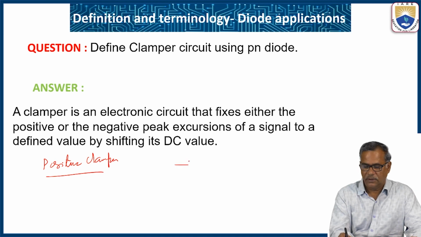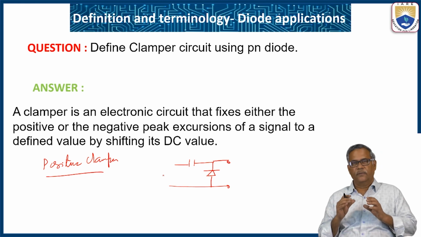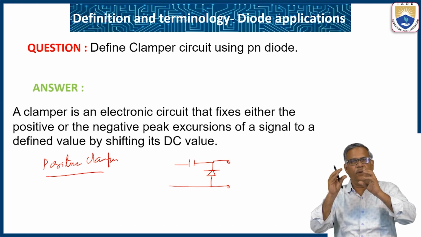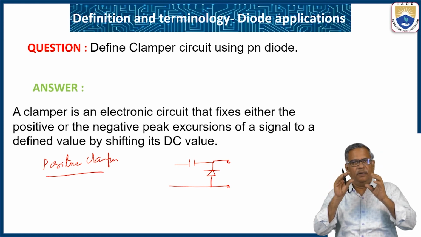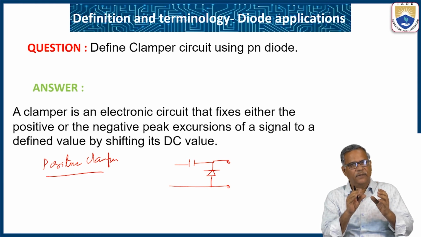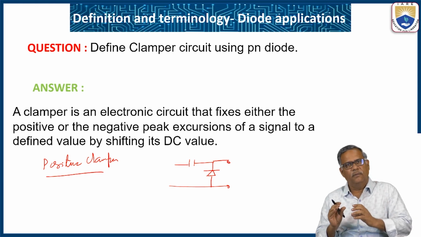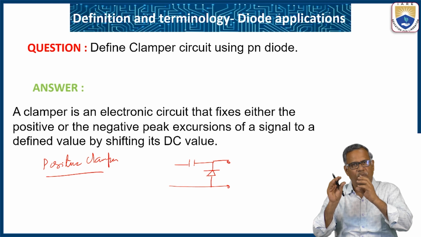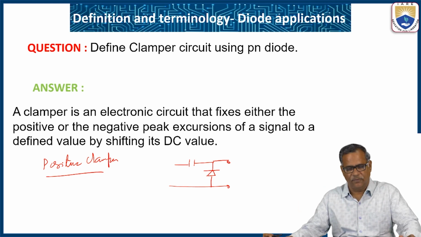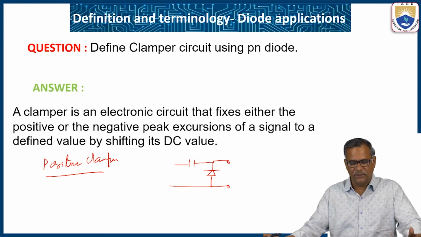We use a capacitor, then we use a diode, and this circuit moves the waveform upwards. If you apply a signal with average value 0, the DC value goes up and becomes positive. So this is the positive clamper.